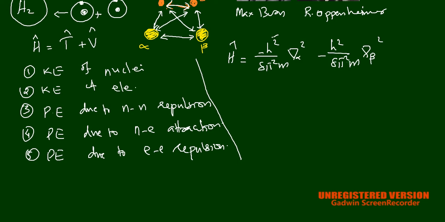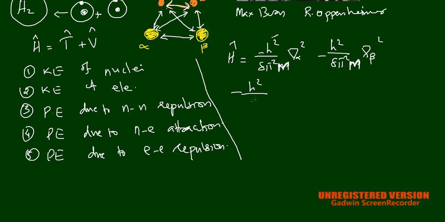And then we have to talk about the kinetic energy of the first electron and kinetic energy of the second electron. Then the operator for the kinetic energy of the first electron is minus h square divided by 8 pi square m. Here you have to give capital M. In the first case, you have to give capital M in order to show that is the mass of the proton. Okay.